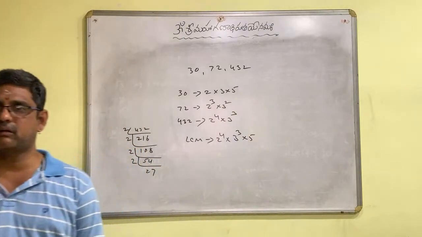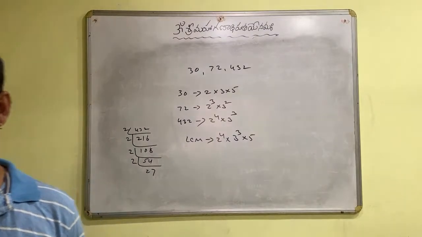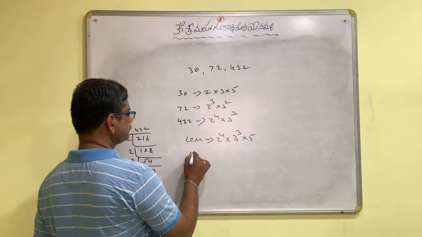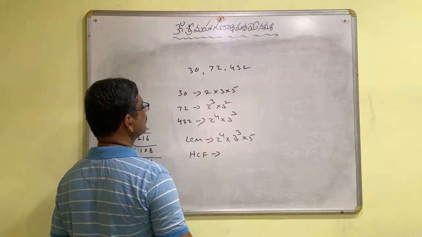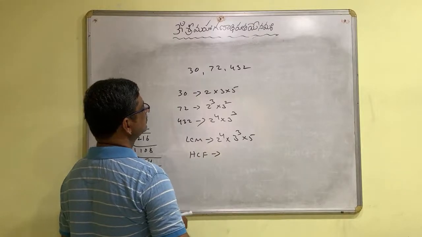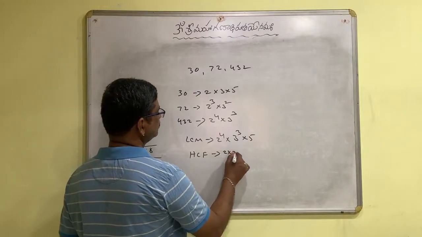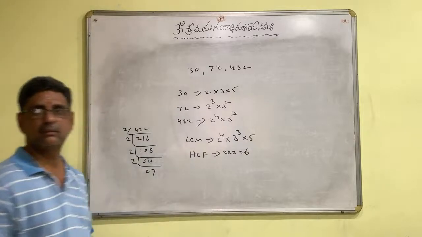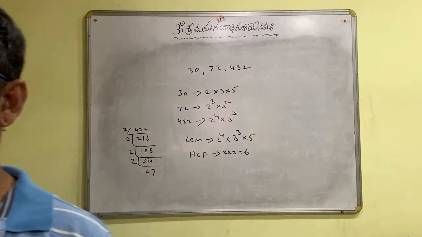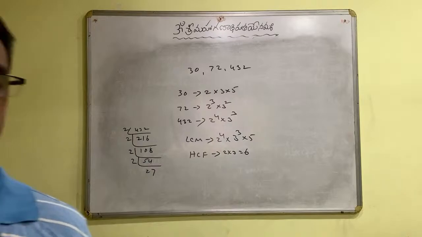That is the LCM. And HCF is the common factors with least powers: 2 into 3, that's all, 6. HCF is 6.